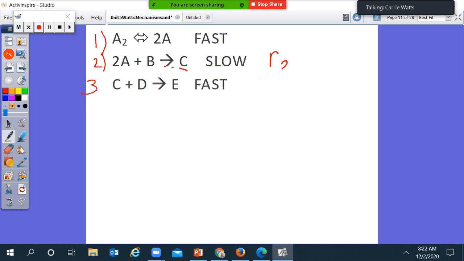That's going to be R2 equals K2 A squared B.